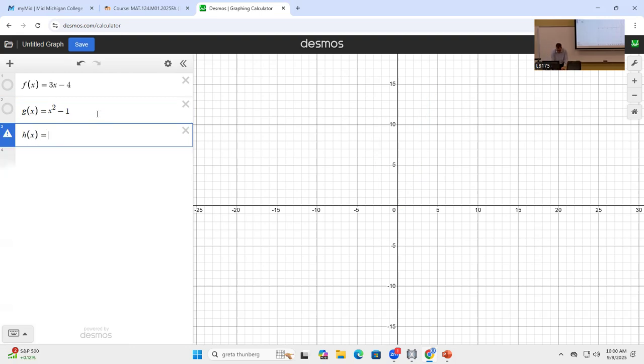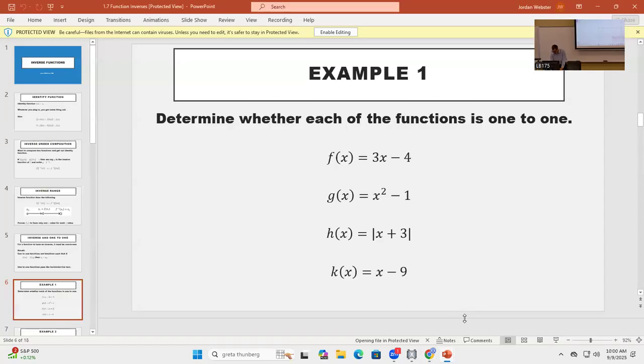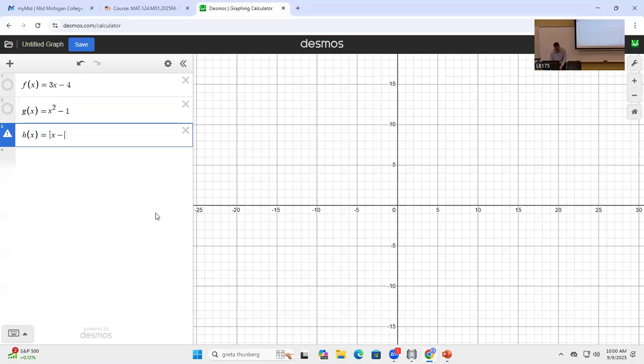H of x was equal to absolute value of x plus 3. Is that one-to-one or not? No, it does not pass the horizontal line test. So this is not one-to-one.